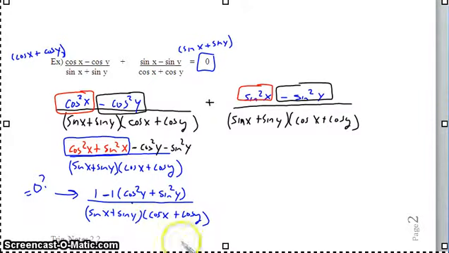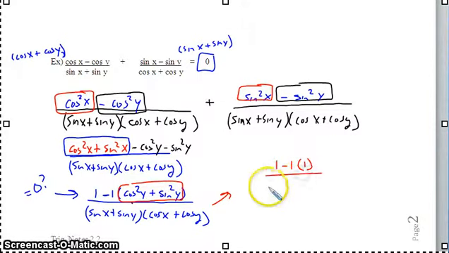How do I do that? Well, I keep making more substitutions. This now is the Pythagorean identity, that is 1. So now what I have, if I come over here, I have 1 minus 1 times, this is a 1, over sine x plus sine y times cosine x plus cosine y.